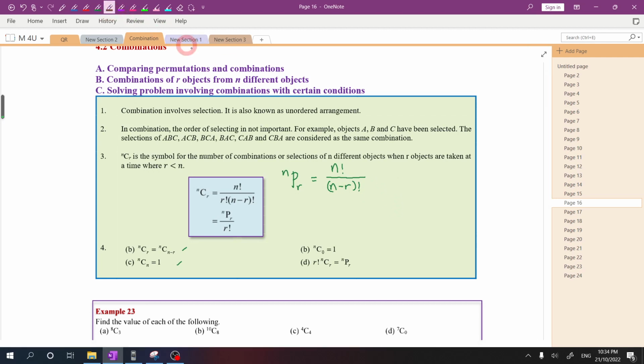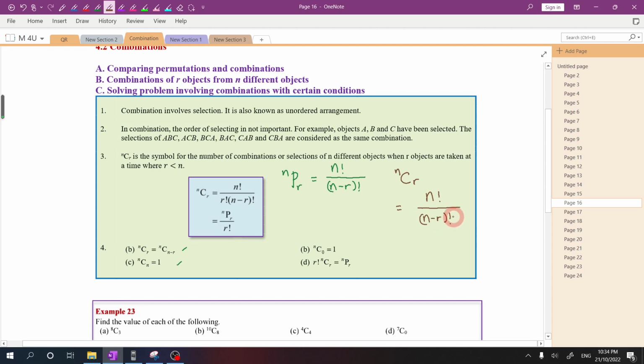Okay, so today we are looking at combination, where the order of arrangement is not important. We will be using nCr. Same thing, we have n objects, and we want to choose r from them. So this formula is almost the same as this one: n factorial, n minus r factorial.